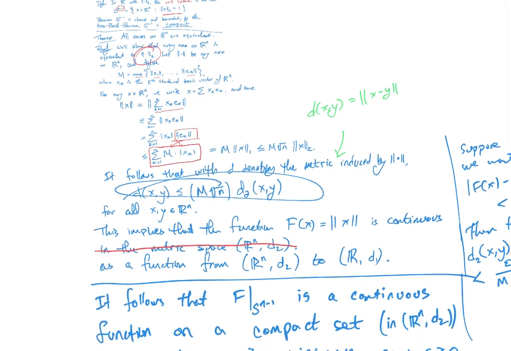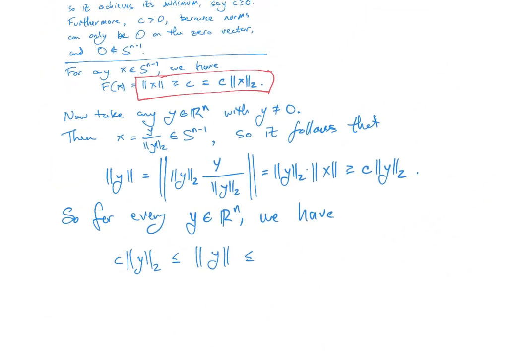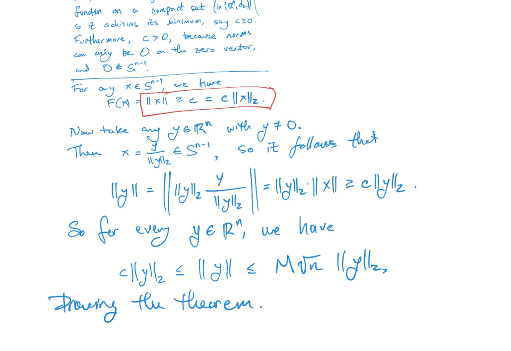M times the square root of n. I said every here, and up here I said not equal to 0.